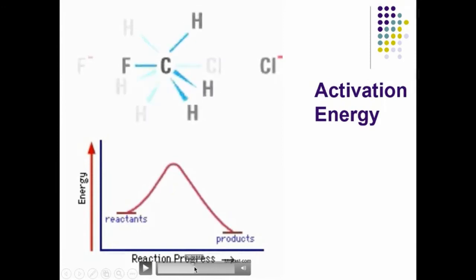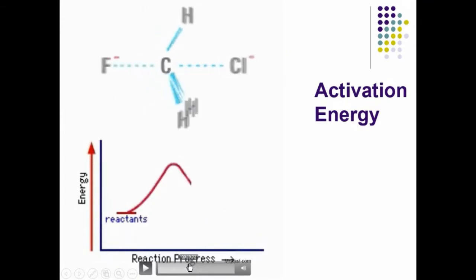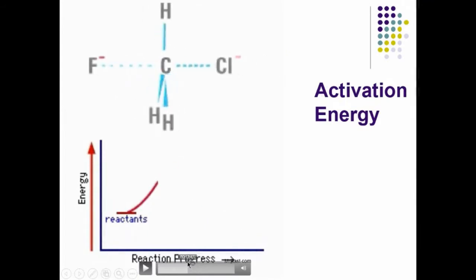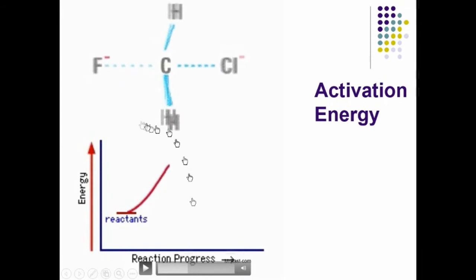And in this situation, this is an exothermic reaction because the products have less energy than the reactants. Again, from this point up would be my activation energy. From this point down would be my change in reaction. And the molecule at this peak, right about there, this would be my activated complex.